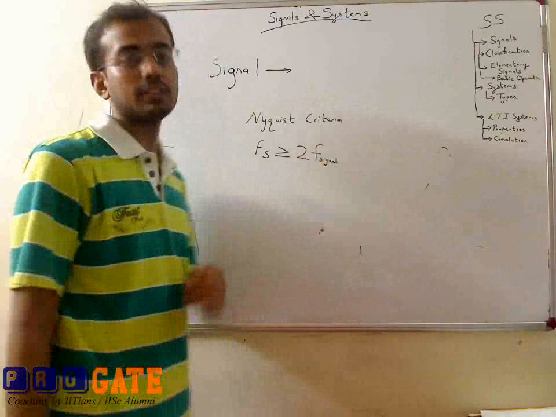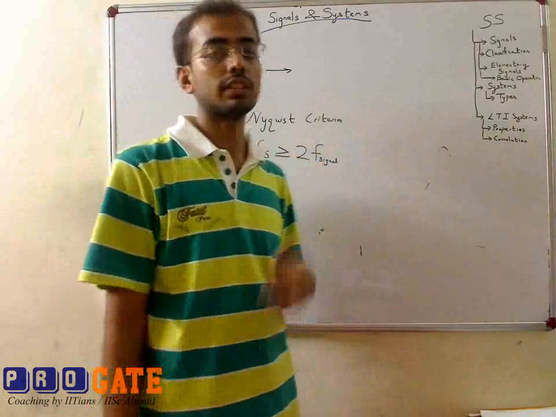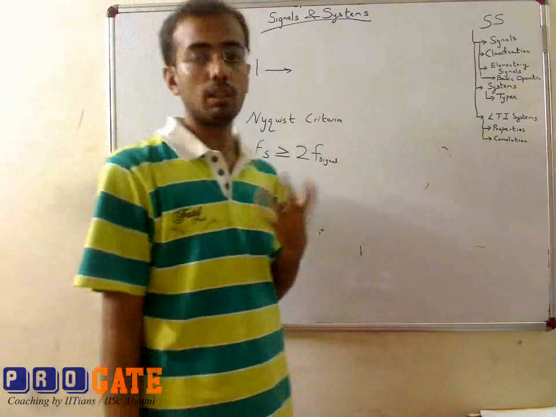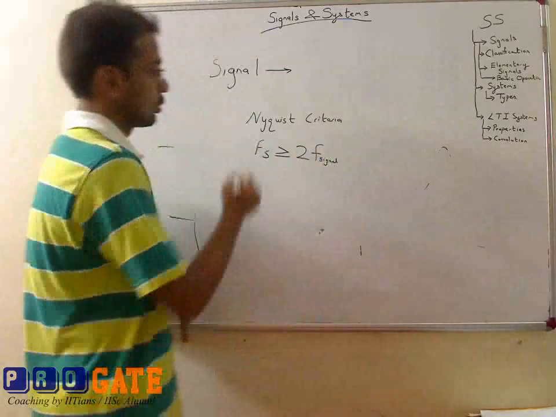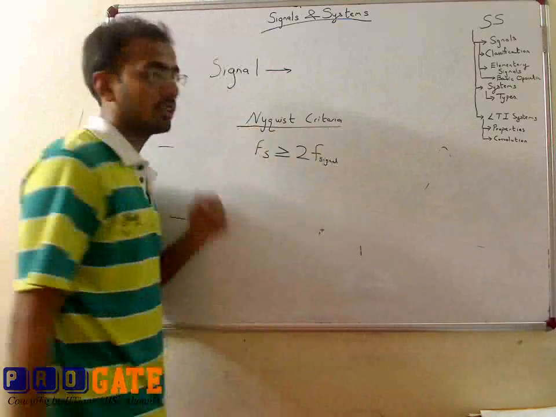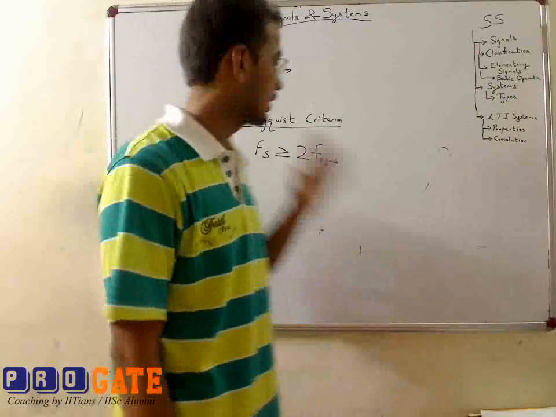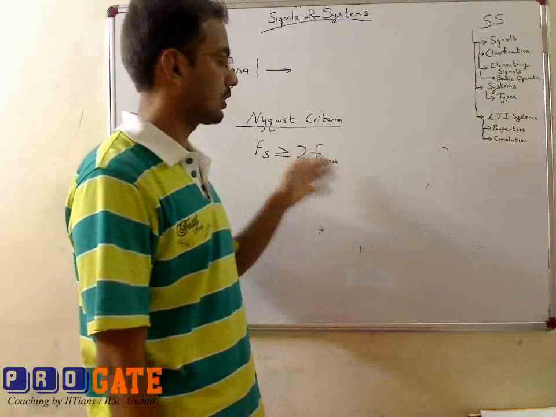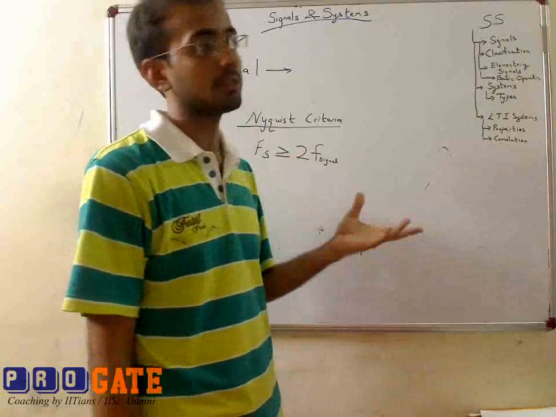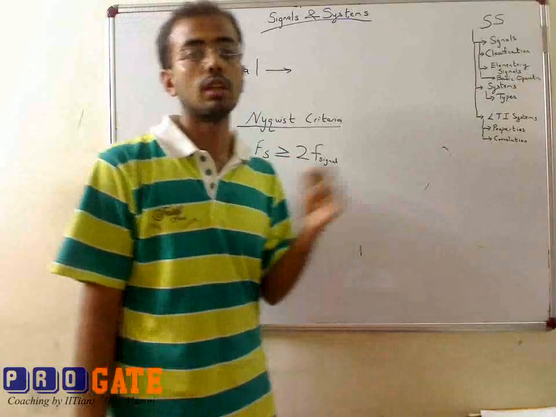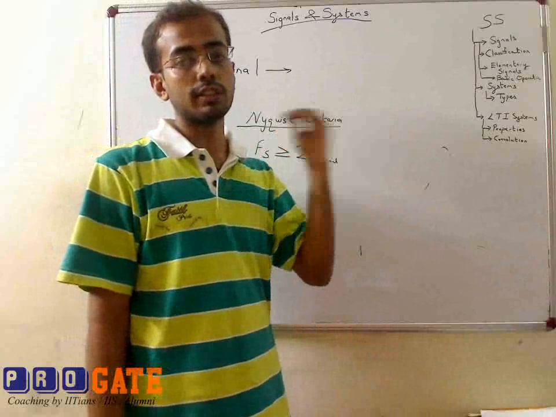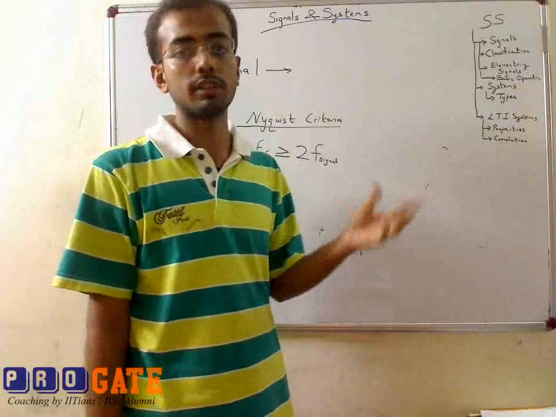So if the signal frequency of a sine wave is, suppose, 50 Hz, your sampling frequency should be double. If it is not, then there will be errors in sampling. The signals won't be proper. This sampling frequency is important because, suppose I'm transmitting some signal over some distance, and there is a receiver over there, a superheterodyne receiver or some receiver.